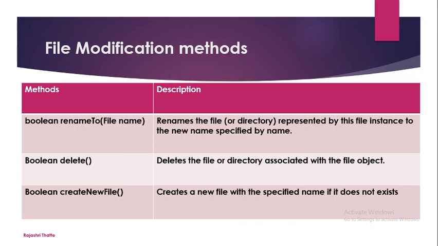So what can I do? I can use f2.createNewFile. That means if that file does not exist, it will create a new file with the name abc.txt. So by using createNewFile, we can create a new file if that file does not exist under the object we are using.